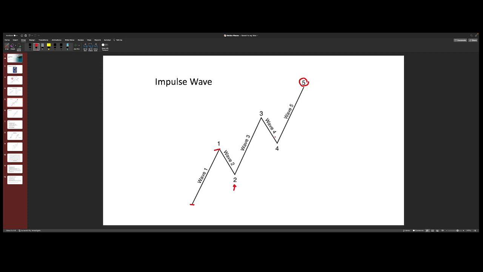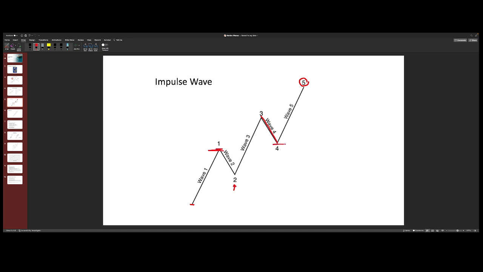The second rule is about wave 4. Similar to the first rule, wave 4 never goes beyond the price of the end of wave 1. So we won't see the price end past here. This is a no. It always ends above the price of wave 1.